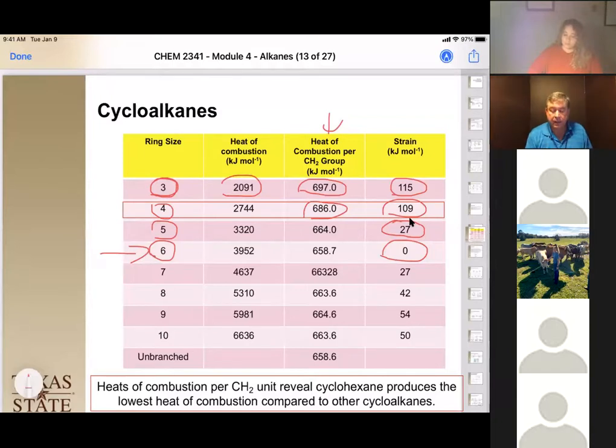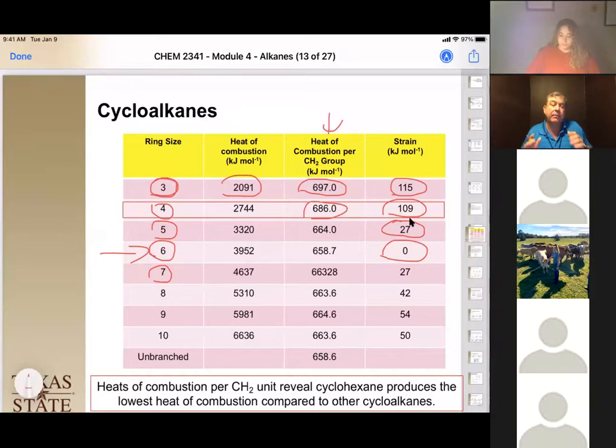Okay. Now, as you go up, you think, well, we have a bigger ring, we should have less ring strain. Well, actually, it turns out conformationally, because of the different ways that they have, it's hard to get them all at 109.5 degrees because of the way the rings are arranged. You're starting to get groups on the sides starting to interact with each other.